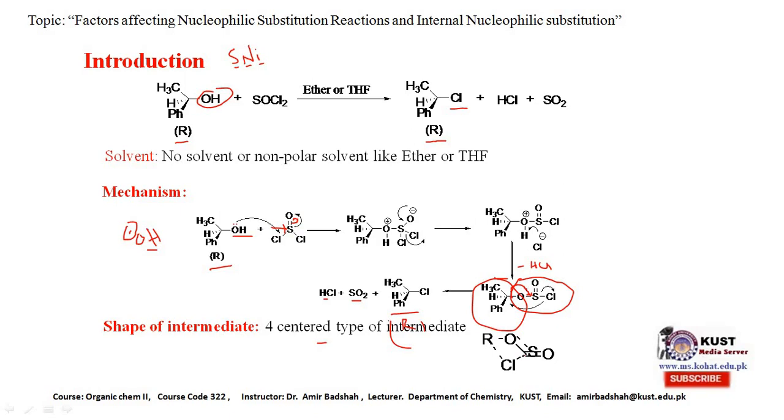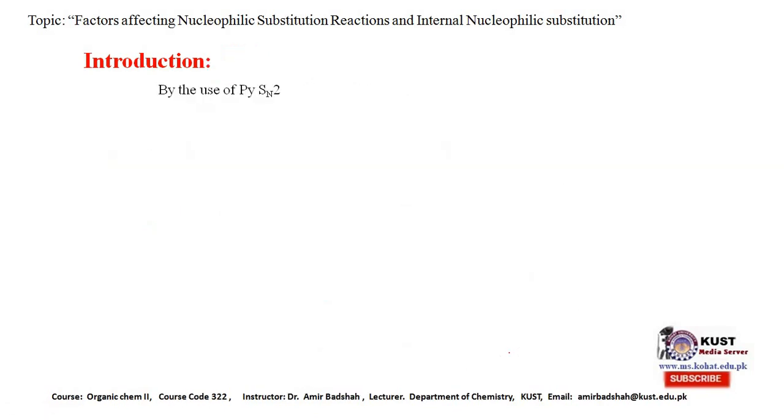At the same time, this bond is broken, and at the same time it is also bonded with oxygen. So a four-member cyclic transition state is formed in the SNi reaction.